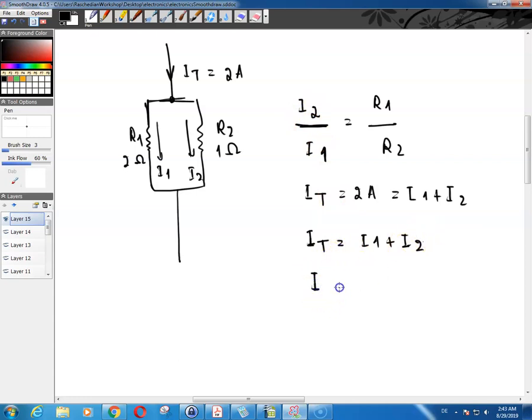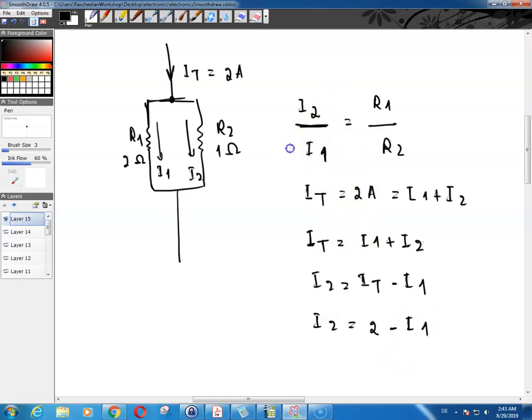So I2 is equal to I of t minus I1. So then I2 is equal to I of t, which is equal to 2 amps, 2 minus I1. And then I1 is this thing over here.